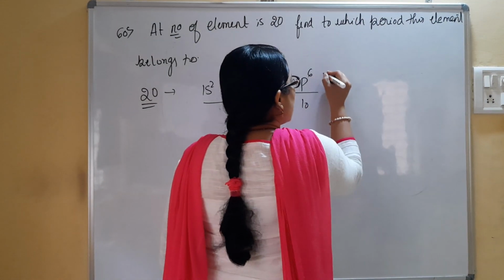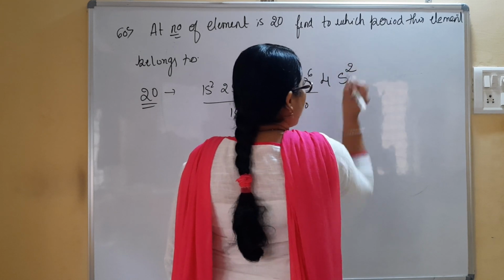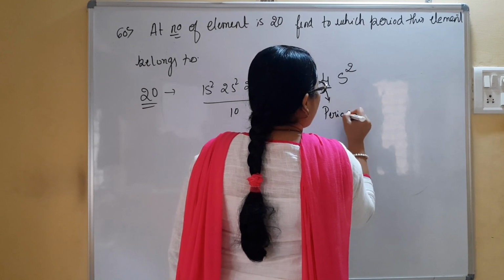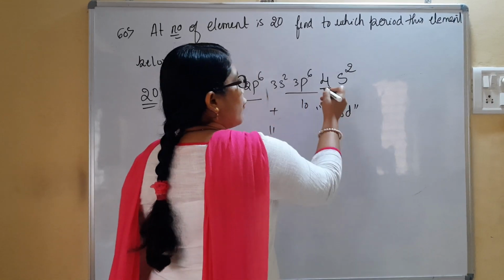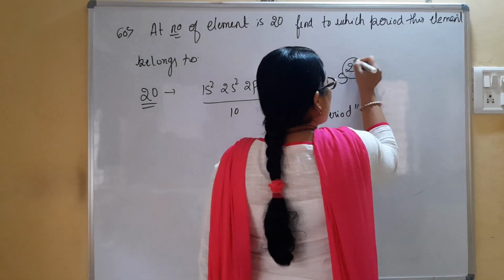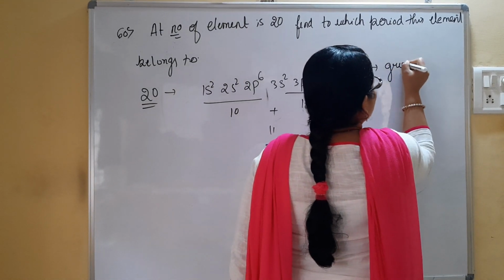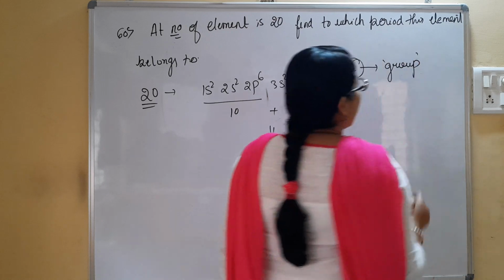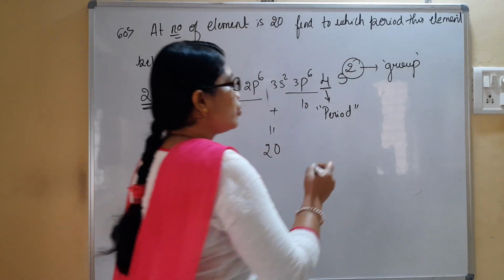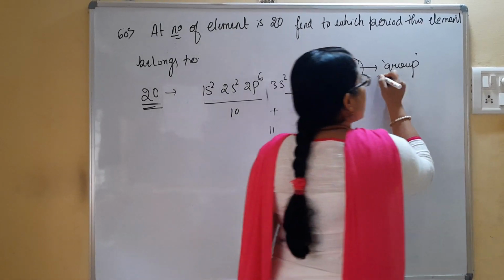Whenever we consider this 4s2, this 4 indicates the period of that element. In the fourth period, this element is present. When you consider this 2, this indicates the group of that element. In the sense, atomic number 20 belongs to the fourth period and second group.